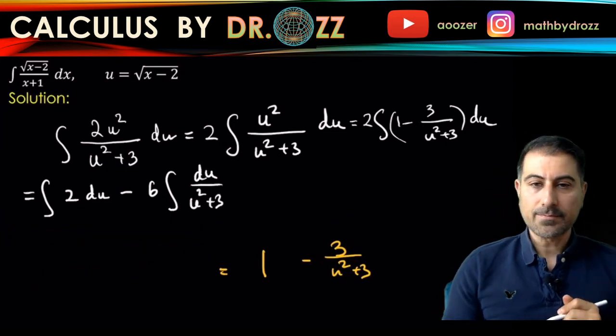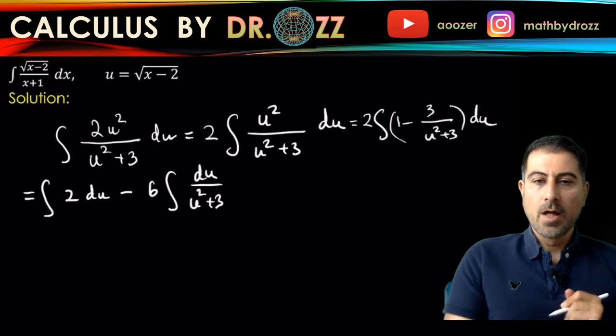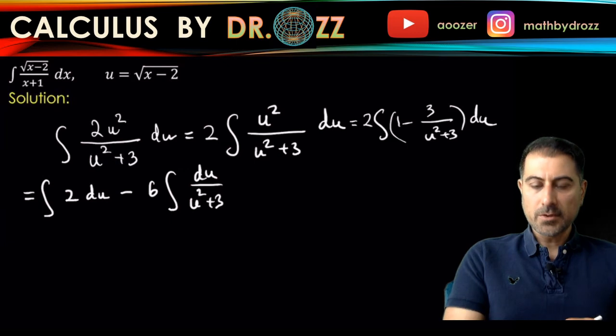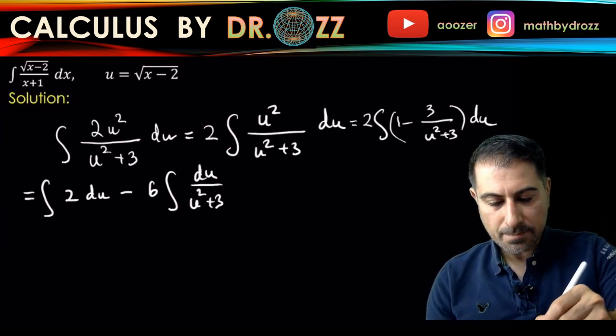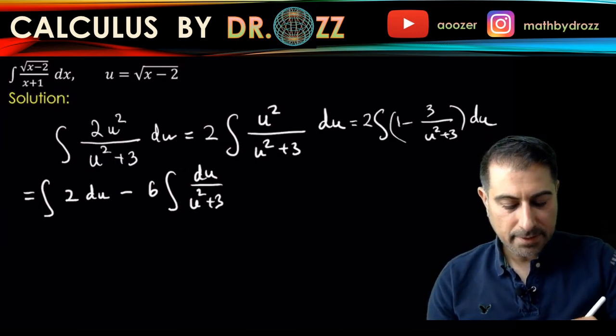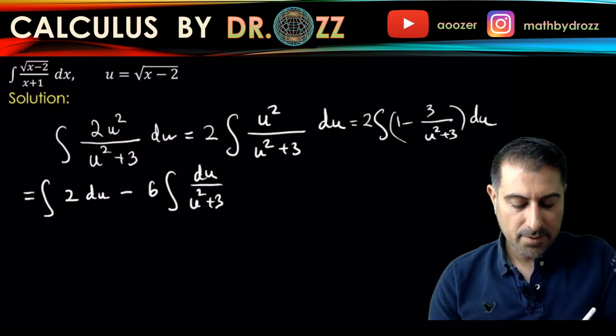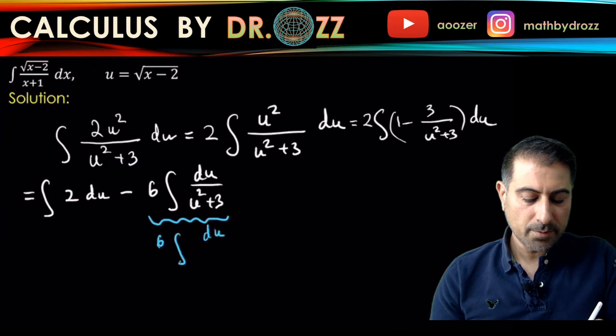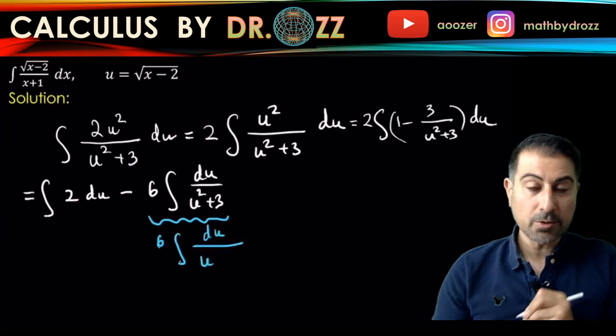All right, so this integral looks like one of the integrals involving inverse trig functions, because I can rewrite this as 6 du over u squared plus radical 3 squared.